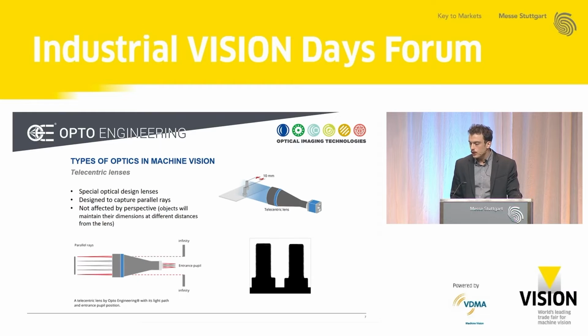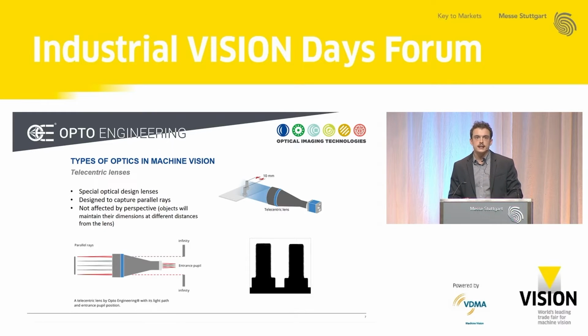In order to overcome this limitation, that can be a problem, especially when you're dealing with measurements, there is another important type of optics that is commonly employed in machine vision, and they are telecentric lenses. This kind of lenses is designed to accept only rays that are parallel to the optical axis.